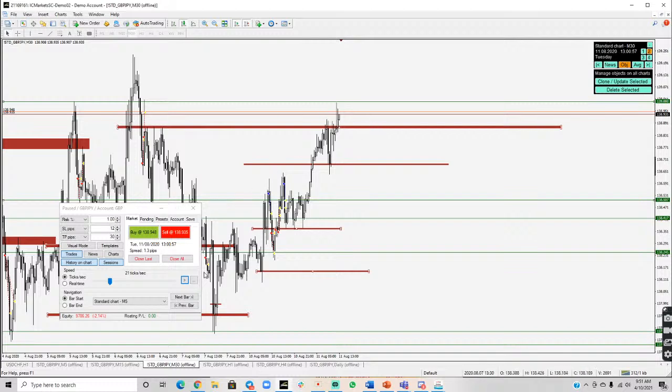Our overall target for this trade: we take a buy here, doing like a 14 pip stop, 16 pip up to this resistance with continuation. We can actually get a wick fill at 24.